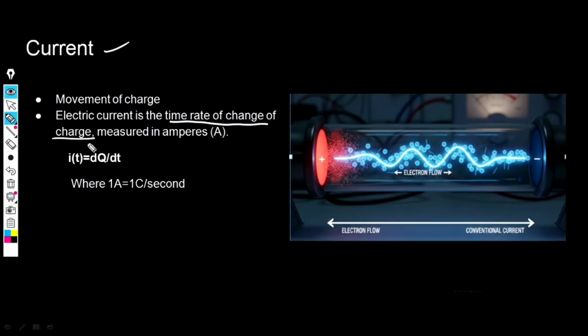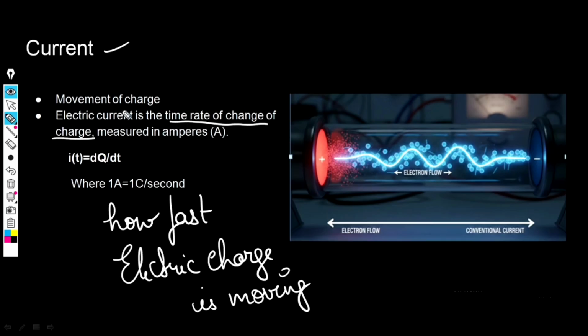What exactly do you understand by this particular definition? Current measures how fast electric charge is moving through some conductor at any instant. That is, if a lot of charge moves quickly, then it is called as high current. At the same time, if a little charge moves slowly, then it's low current.